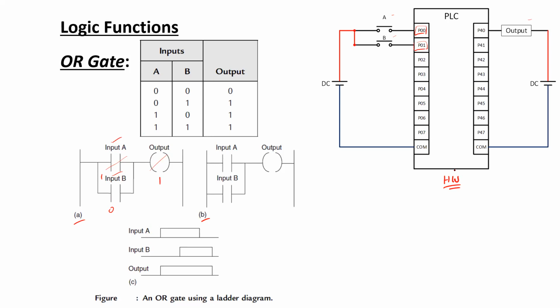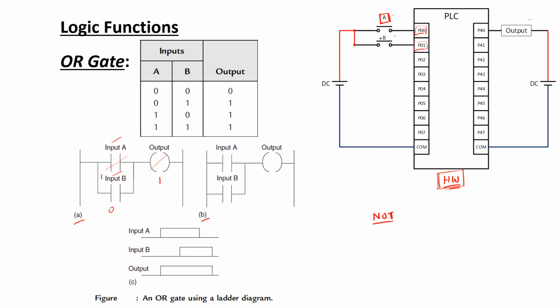Now, for example, without changing this hardware connection, keeping the hardware connection intact, if we want to use only this particular switch A in order to implement a NOT gate or inverter, then what could be the possible ladder diagram?